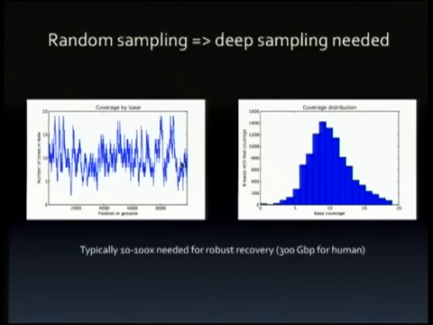So on average the genome will be covered to a depth of 10, but some bases will be covered 0 times and some will be covered 20 times. When I say covered 10 times, if you sequence a 3 gigabase human genome, which is essentially the amount of DNA in one sperm, the haploid human genome, you need to see every base more than 3 or 4 times, so you typically need about 10 to 15x coverage of that human genome.